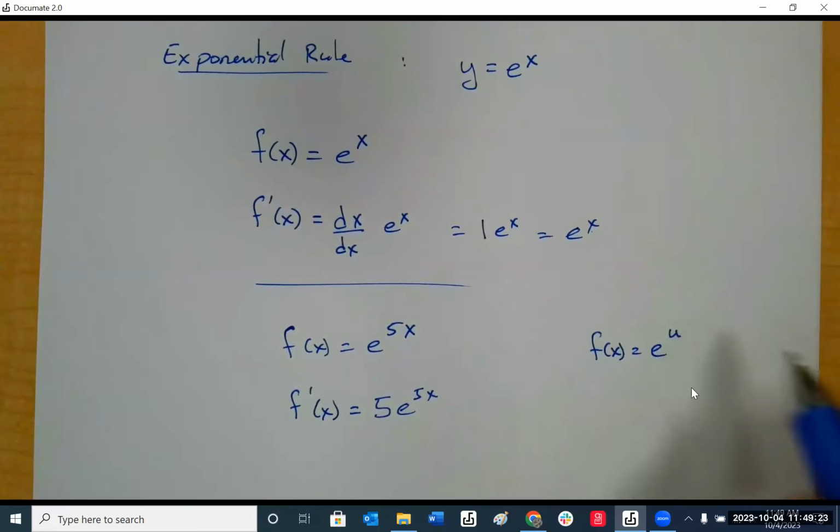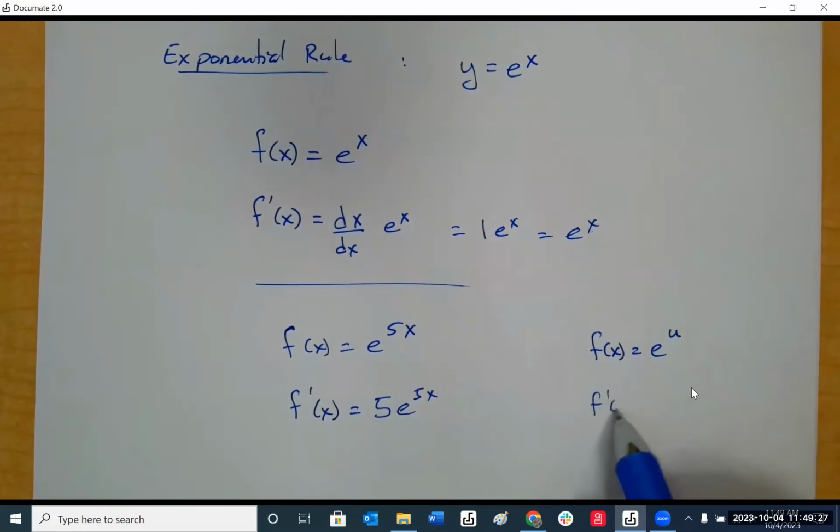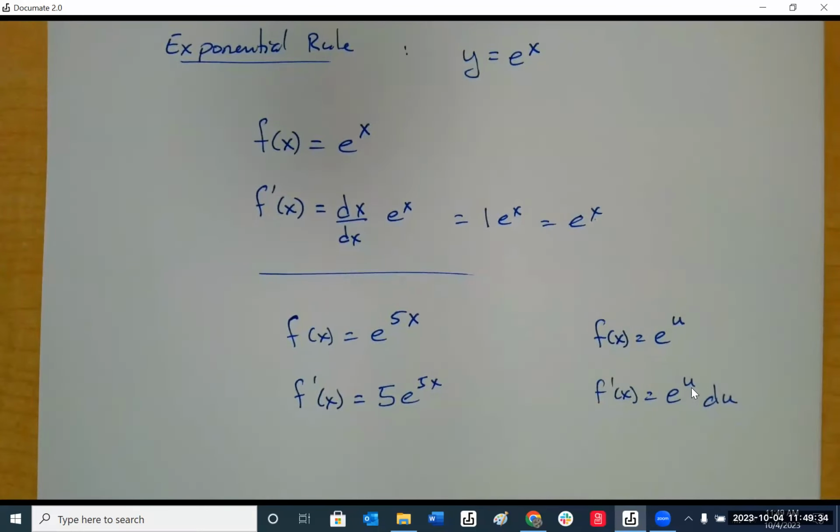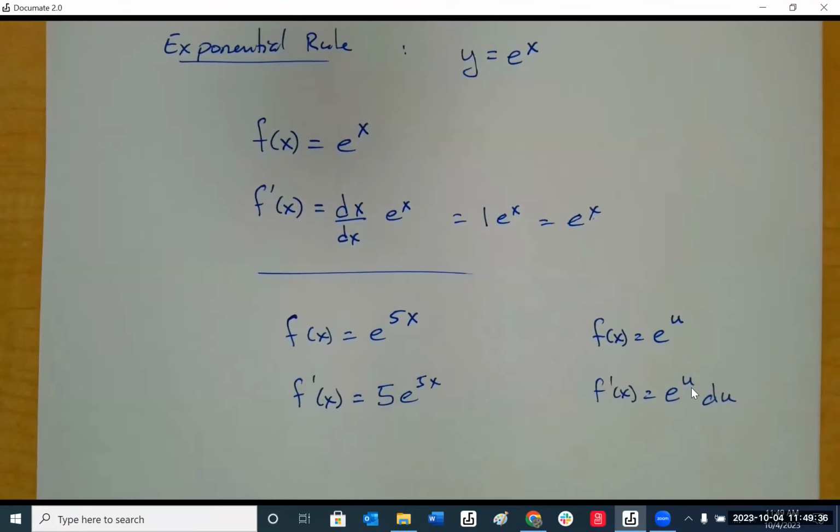E to the power u, where u is some function of x. The derivative is e to the u times the derivative of the exponent. E, leave this alone, take the derivative of the exponent. And that's all there is to it.